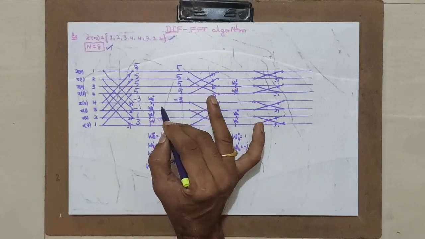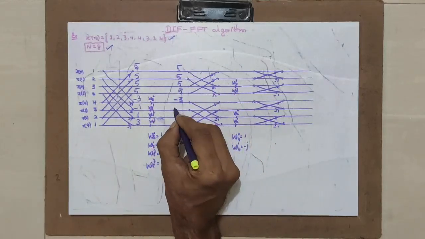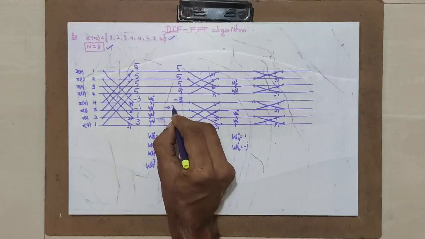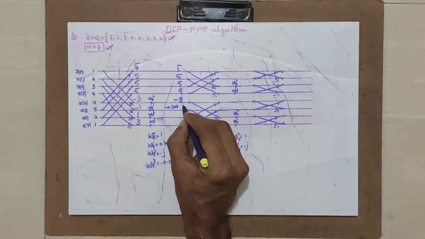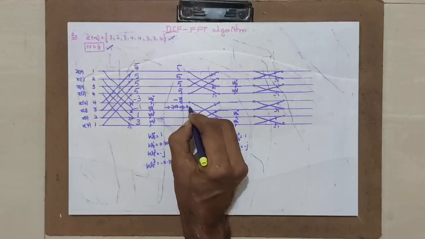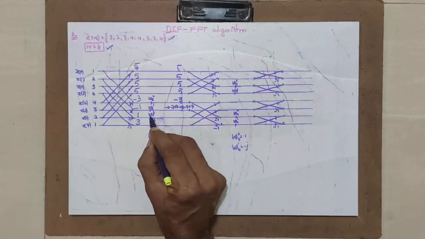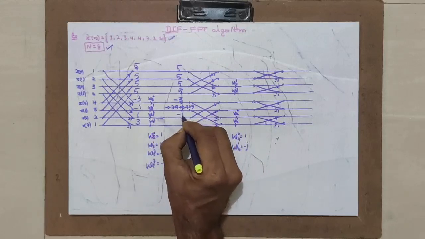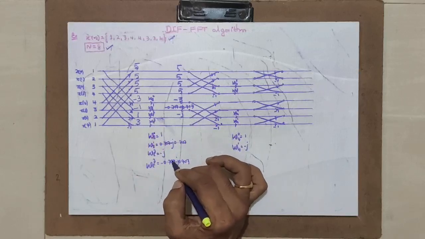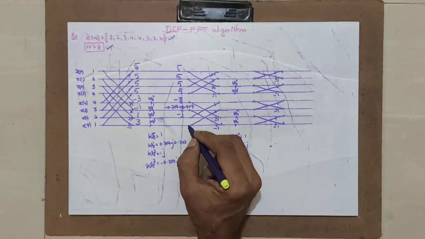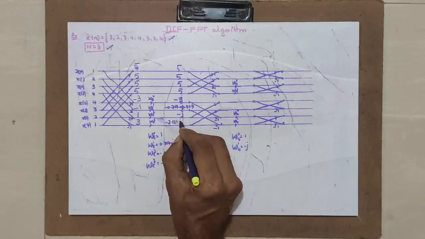Now minus 1 gets multiplied by W81, hence it becomes minus 0.707 plus j 0.707. Now 1 multiplied with minus j. 3 multiplied by W83. 7 3s are 21. That means it becomes minus 2.121 minus j 2.121.